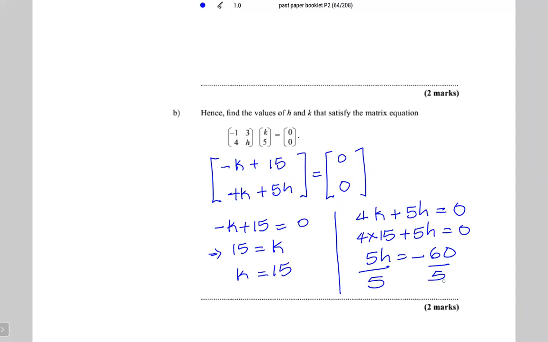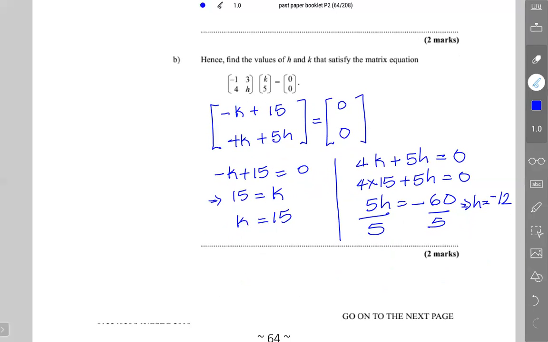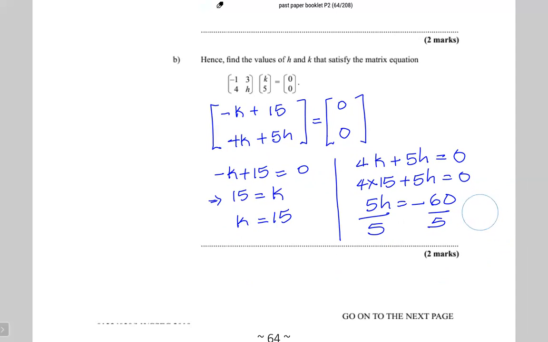And so we get H is equal to -12. So K is equal to 15 and H is equal to -12. Oh, let's write it here. So H is equal to -12.